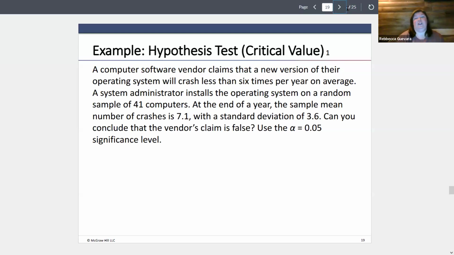So a computer software vendor claims that a new version of their operating system will crash less than 6 times per year on average. So that is the claim.